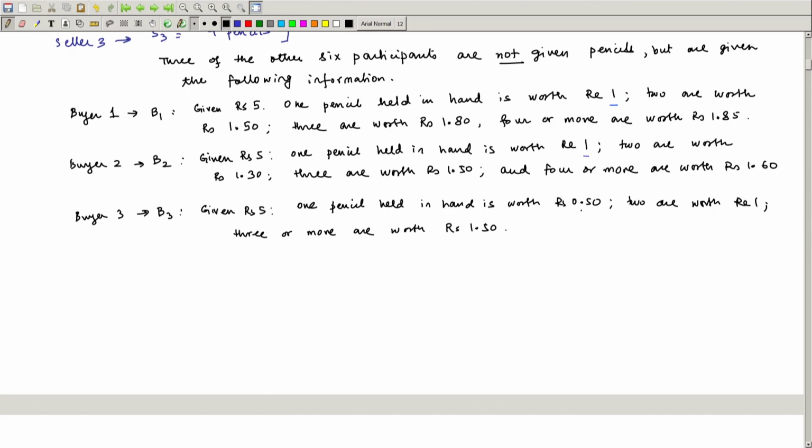So, I pay 0.3, it is worth 0.5. So, my net gain is 0.5 minus 0.3, which is 0.2. 2 are worth 1 rupee, but I pay 0.6. So, 1 minus 0.6 is 0.4, and 3 or more are worth 1.5. So, 1.5 minus 0.9 is 0.6.